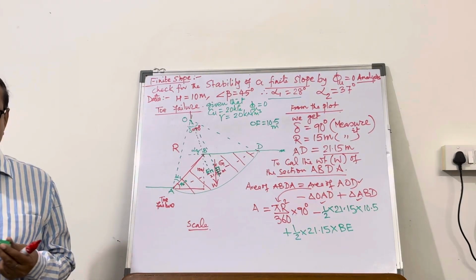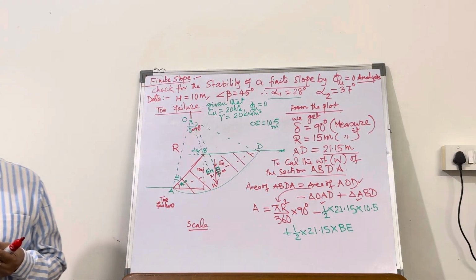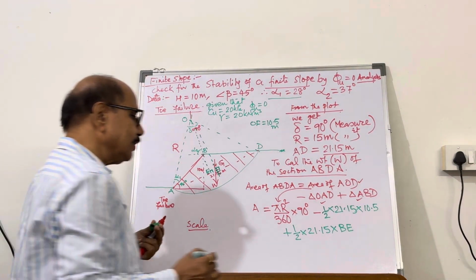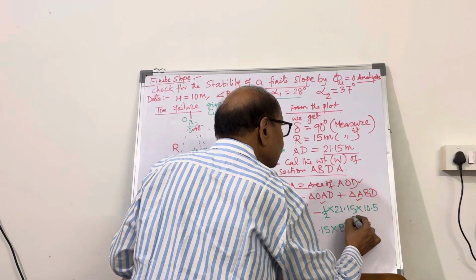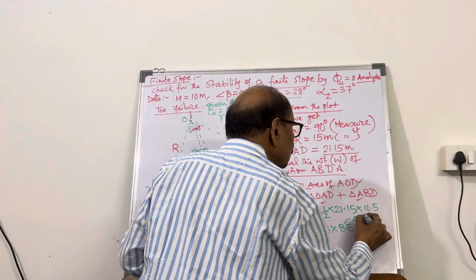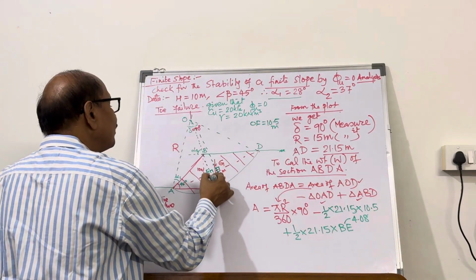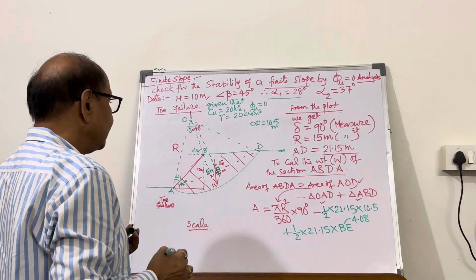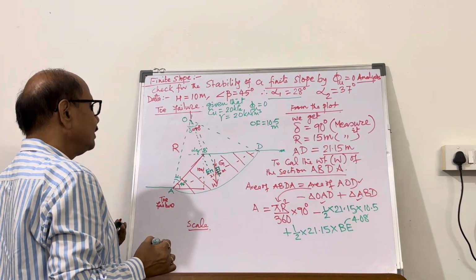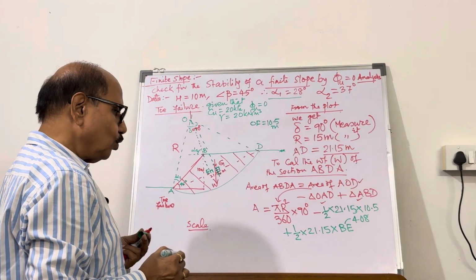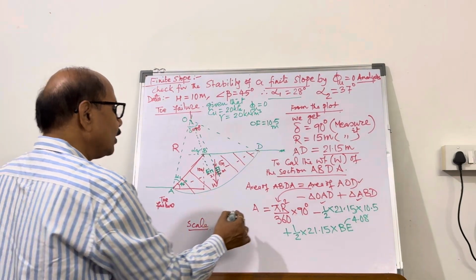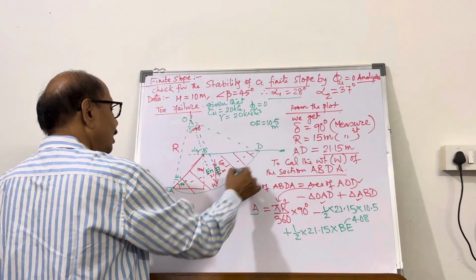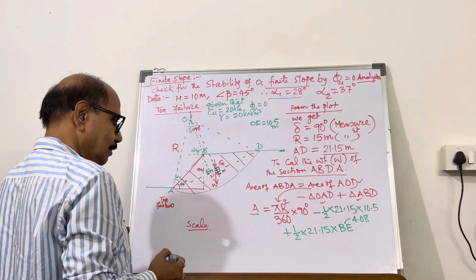So measure B also, and B is 4.08. So you will have to just drop a vertical 90-degree on AD from point B and from point O, and therefore you get the area which is required.